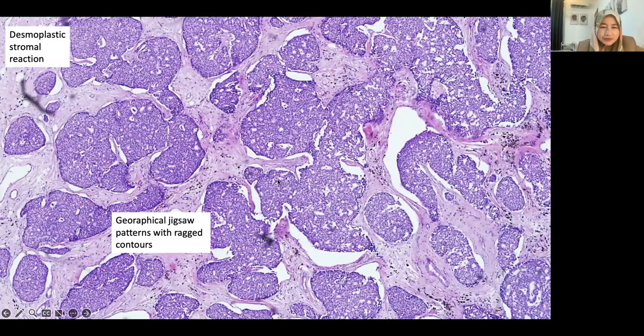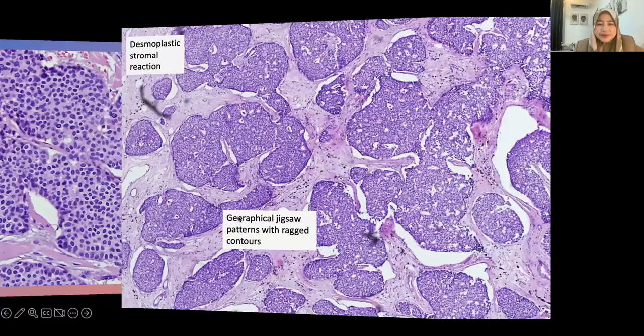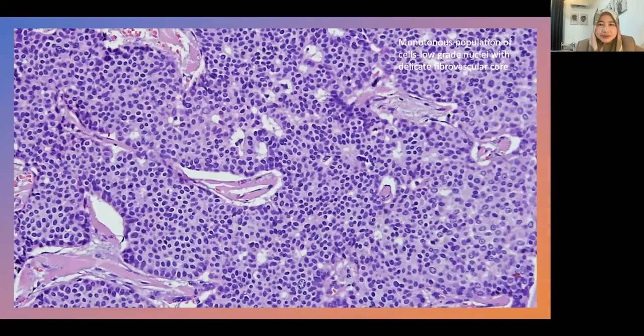They're showing the geographical jigsaw patterns with ragged contour. All right. And then a closer view of the nodules. We can see here the cells showing a monotonous population, low-grade nuclei with delicate fibrovascular core.